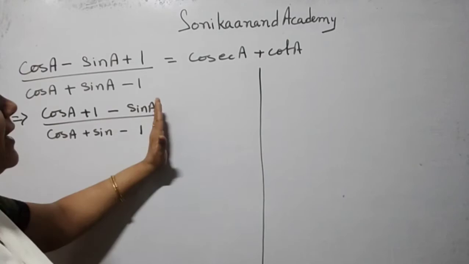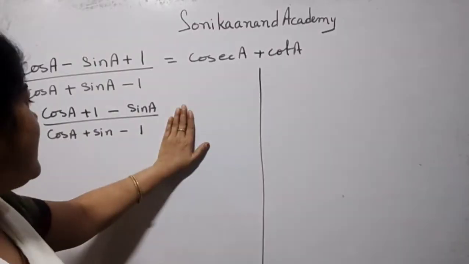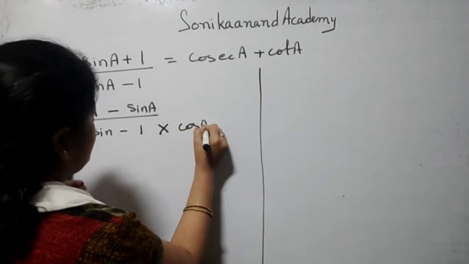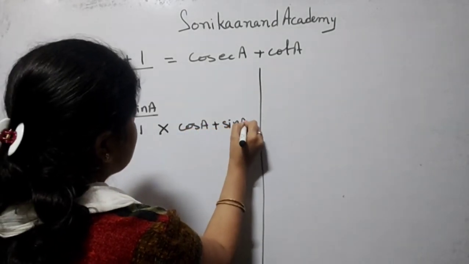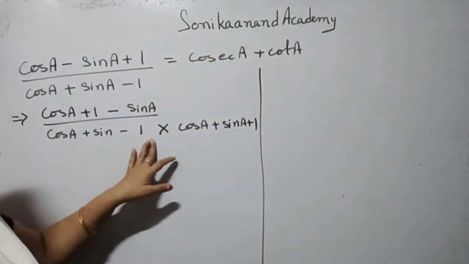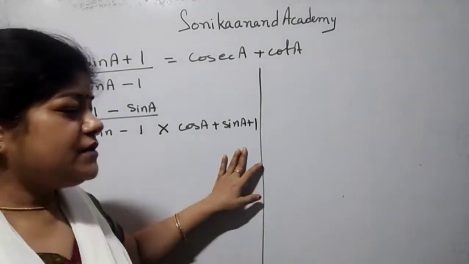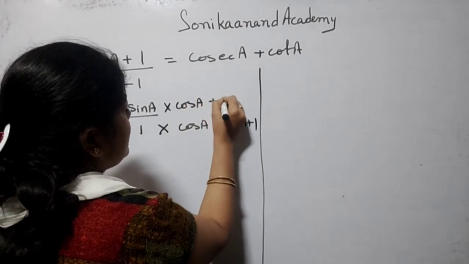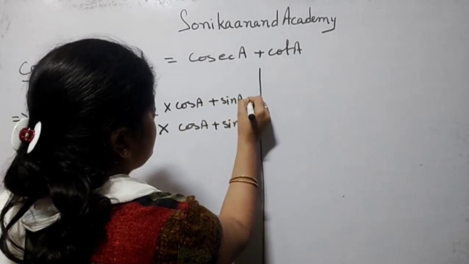Okay, take the minus on the right hand side. Now multiply by cos a plus sin a plus 1, because we have to take the reverse. Okay, now cos a plus sin a plus 1.